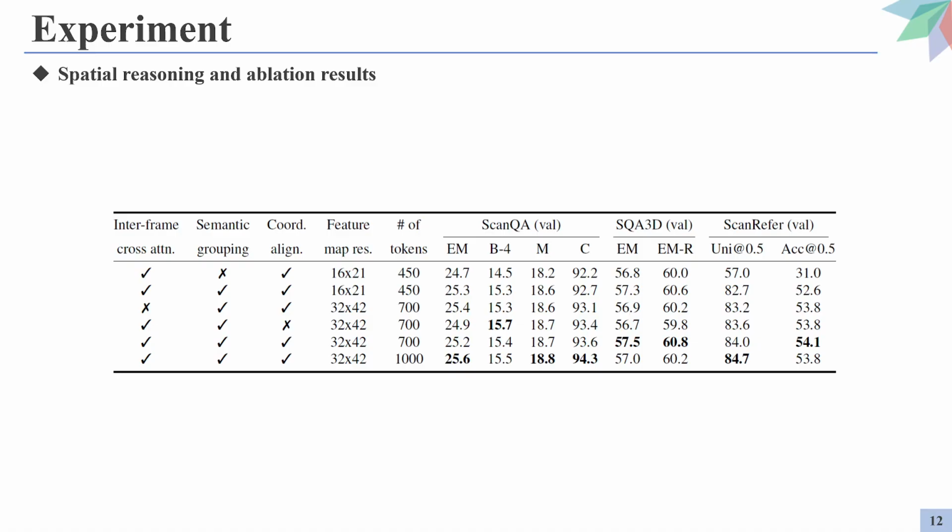This suggests that clustering should not be performed globally over all patches because nearby but different objects may be incorrectly merged. Coordinate alignment also improves performance, especially for tasks that depend on accurate geometry. The table further shows that increasing feature map resolution and the number of proxy tokens can improve performance, although the gains are relatively modest. Overall, the experiment demonstrates the trade-off between computational efficiency and representation accuracy.